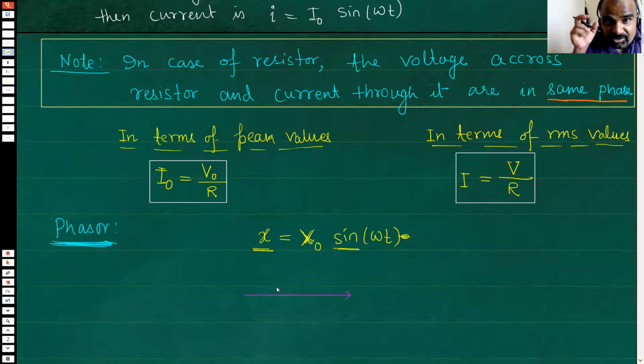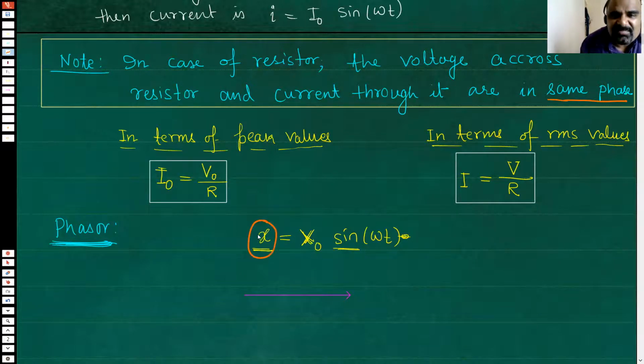So when can we draw phasor? Anytime we have a sinusoidally varying quantity, we can represent that quantity with the help of a phasor. Phasor is just another fancy name for vector. Now here, this x is not a vector.